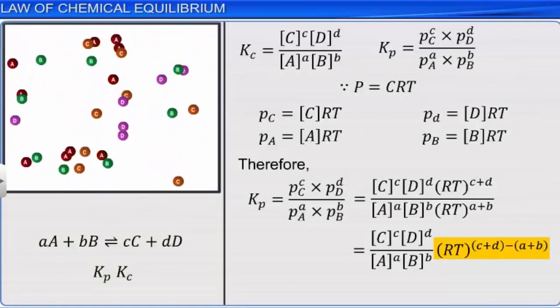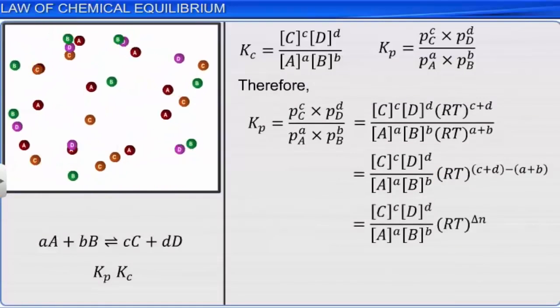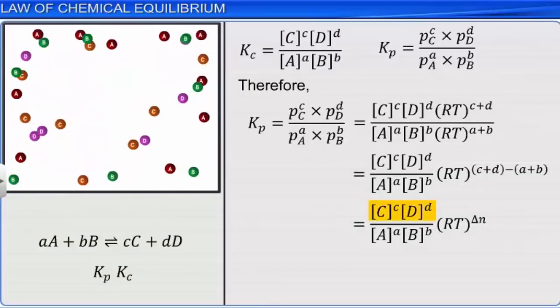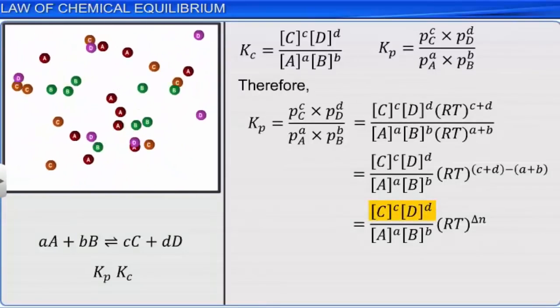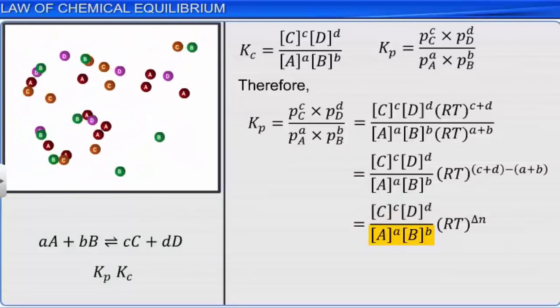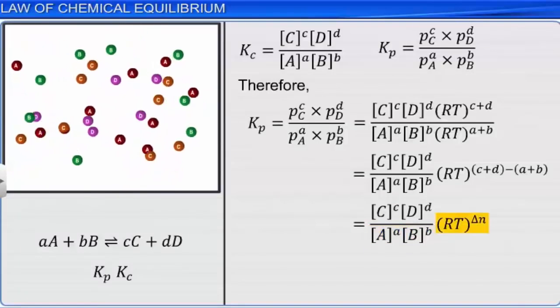This becomes equal to the concentration of C raised to the power of c and the concentration of D raised to the power of d divided by the concentration of A raised to the power of a and the concentration of B raised to the power of b multiplied by the product of R and T raised to the power of delta n.